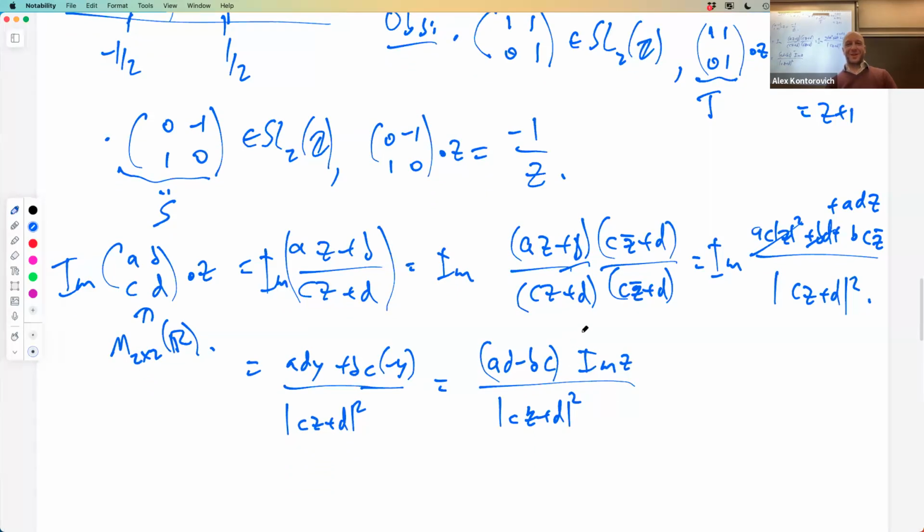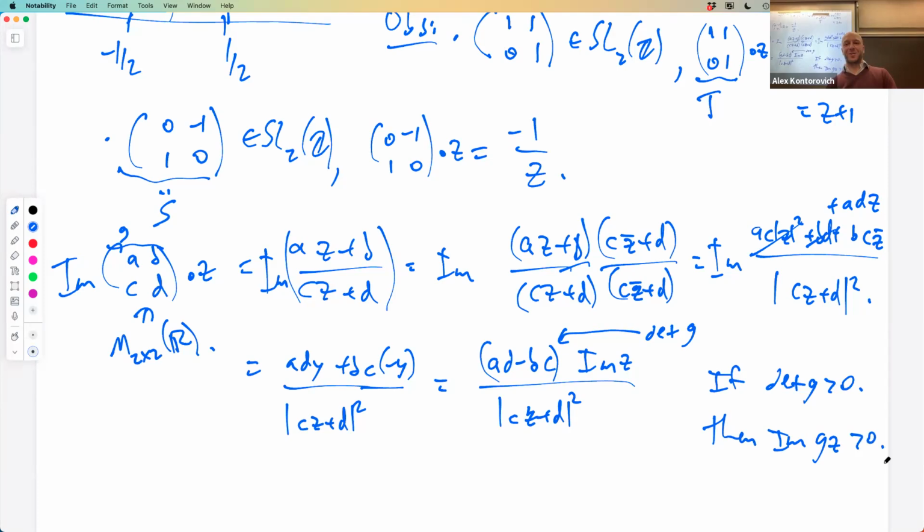Okay. So this is, of course, the determinant of your matrix. Let's call this matrix G. I mentioned this last time, but I didn't do the calculation: if the determinant is positive and the imaginary part of Z is positive, then the imaginary part of GZ is also positive.